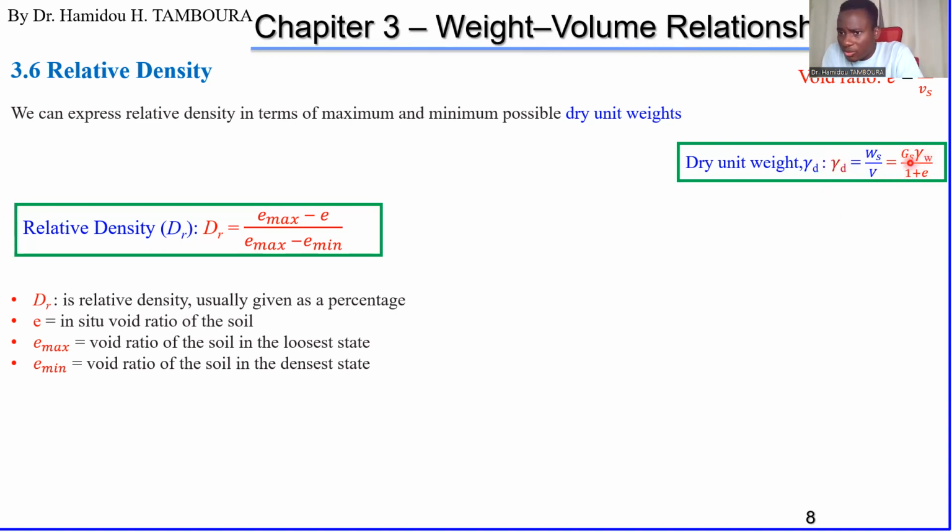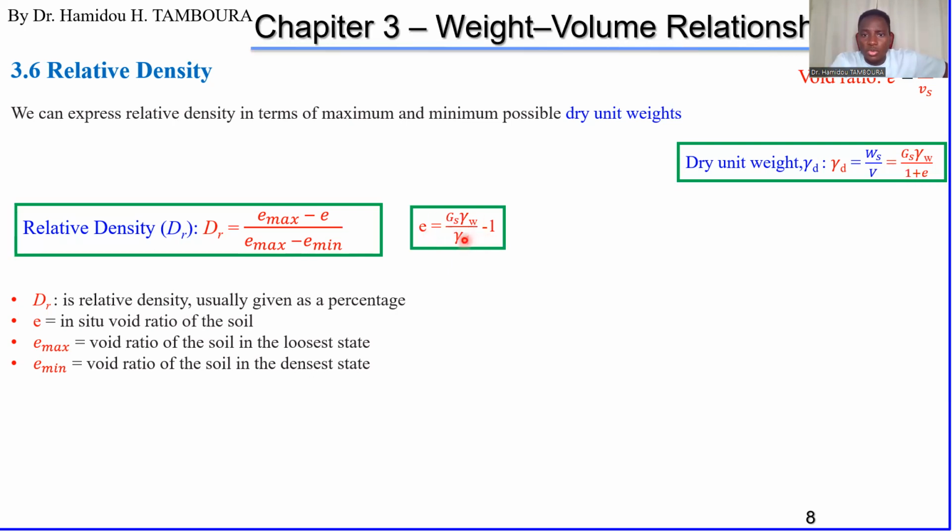Then in this formula, we can obtain the E also. If you didn't understand this formula, it's okay. But this one is the one we need. This one gives us the void ratio as a function of dry unit weight.